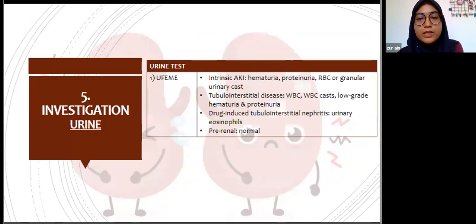While if there are white blood cells or white blood cell casts in the urine, combined with hematuria and proteinuria, it will suggest tubulointerstitial disease. Urinary eosinophils may be due to drug-induced nephritis. But usually if the child has pre-renal AKI, urinalysis will be normal.